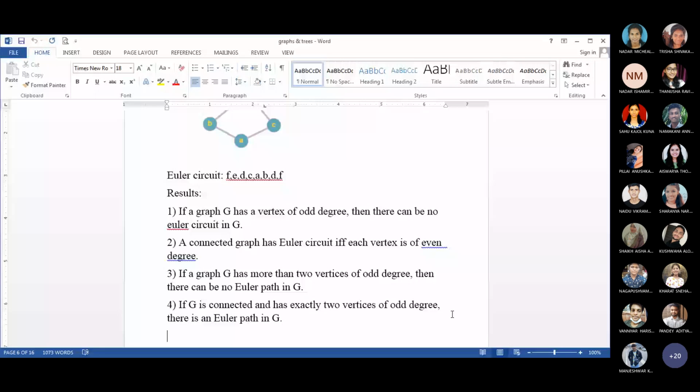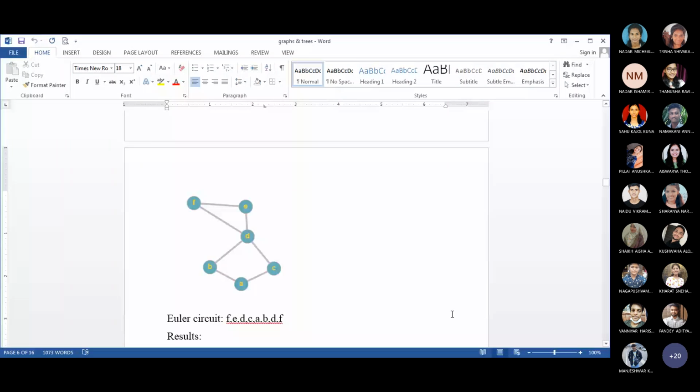The second result says a connected graph has a Euler circuit if and only if each vertex is of even degree. You can see the two examples which we have taken. This was an example on 7 vertices.